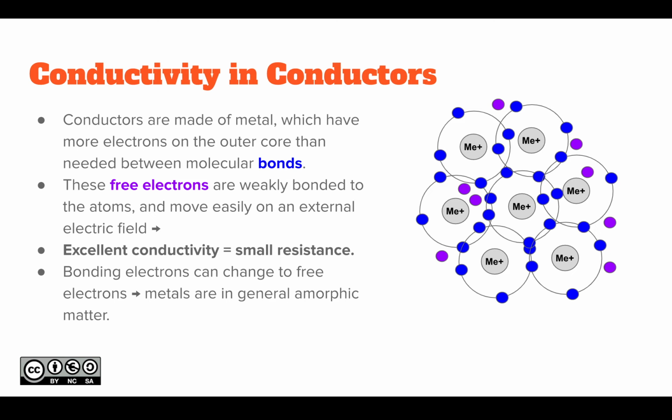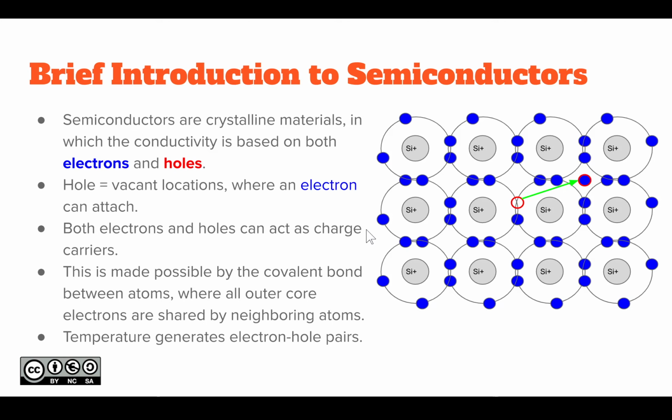So metals are also amorphic matter, meaning you can form them easily, and the melting point is rather low. Okay, that's about the physics of conductors, which are metals. Metals have free electrons, which are the majority of the charge carriers.